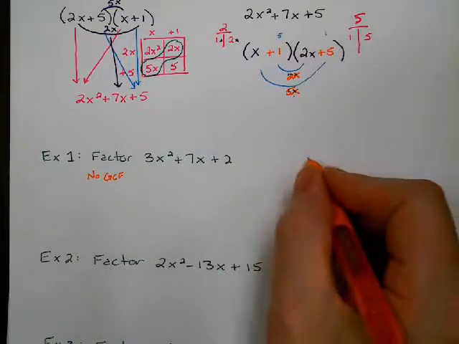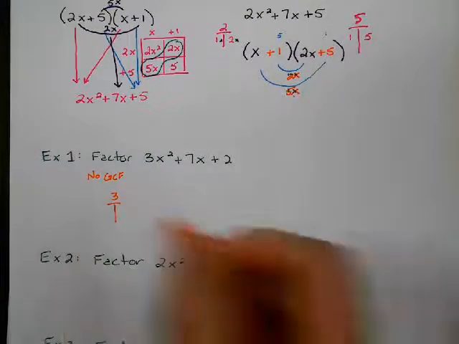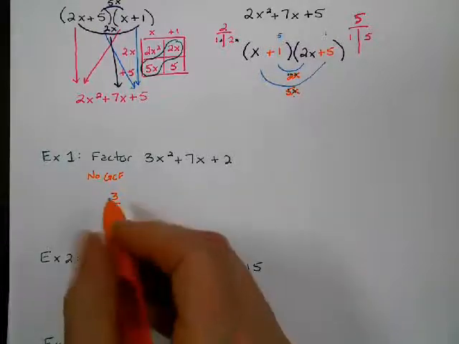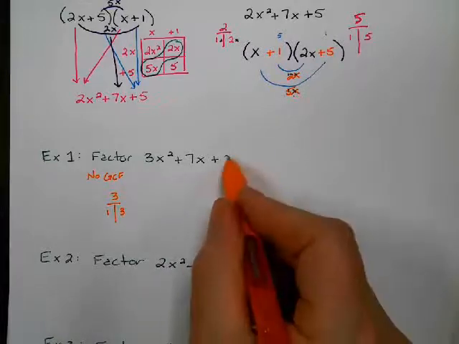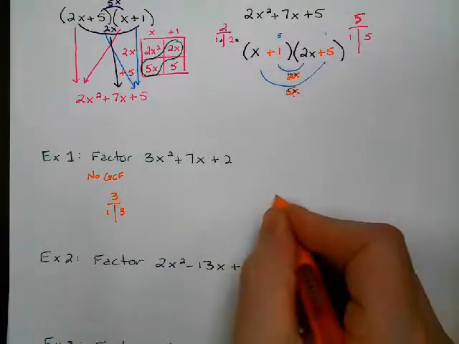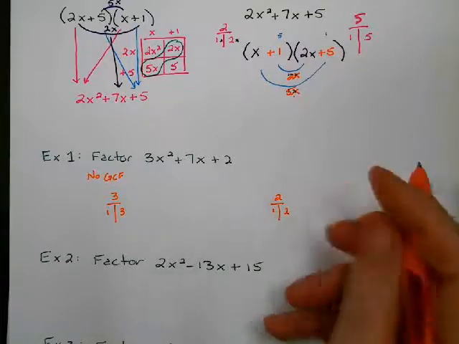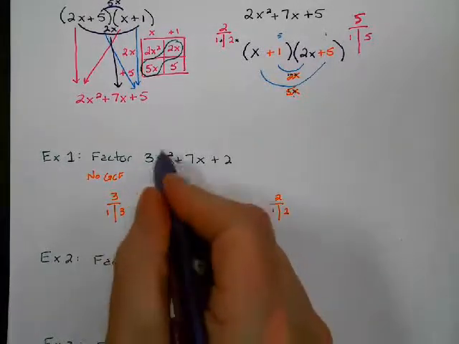I'm going to take the 3 out front and see what kind of combinations I can get for its factors. Well, 3 can only be 1 times 3. That's nice. And on the back end, 2 can only be 1 times 2. That's also nice. Okay, so I've written down my factors, and now I'm going to focus on the front number, this 3x squared.